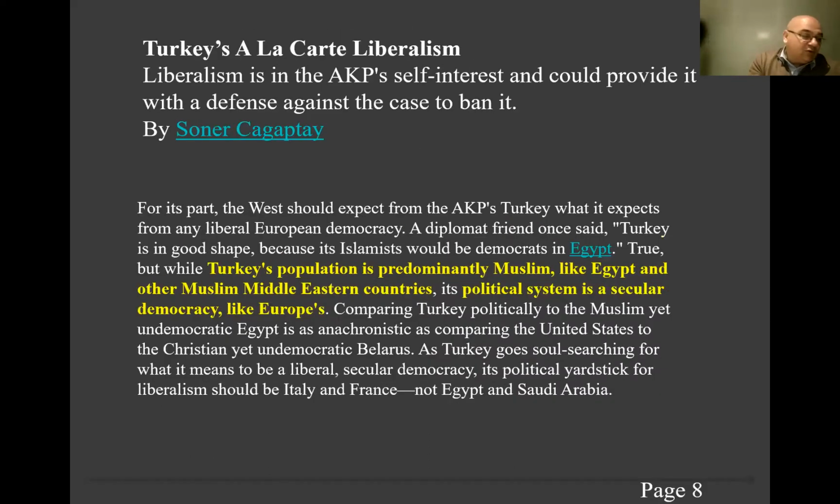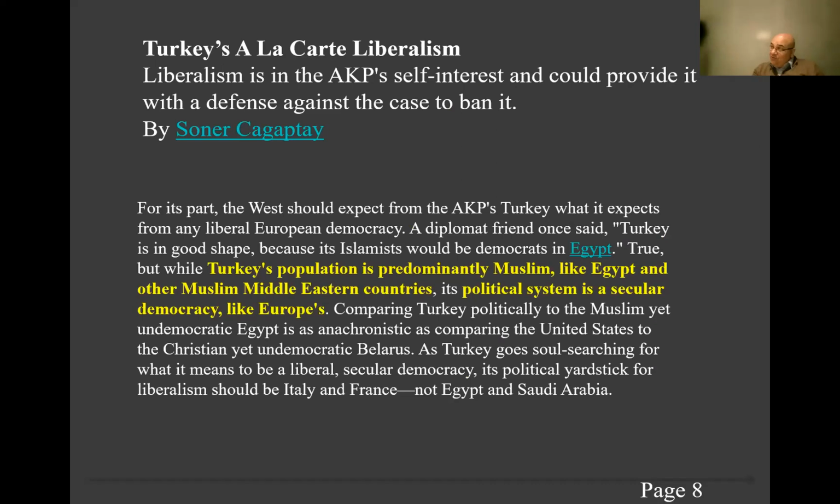Okay. Soner Çağatay wrote a recent book about Erdogan, and his argument was: don't compare Turkey with Egypt. Egypt and Turkey were different countries. It's not meaningful to compare them.